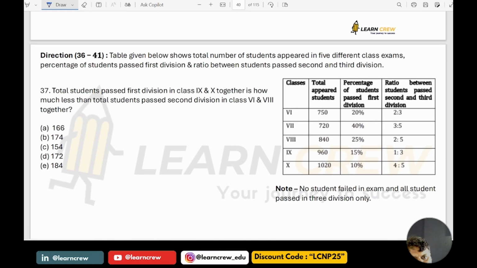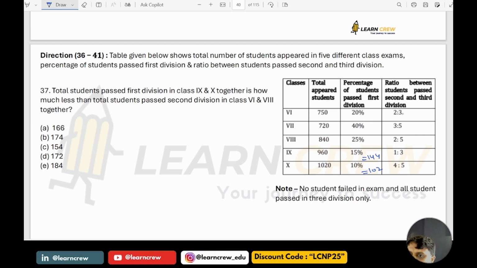Total number of students who passed first division in 9th and 10th together. It is 15% of 960, which is 144, and 10% of 1020, which is 102. Together this is how much less than the total students passed second division in class 6 and 8 together.